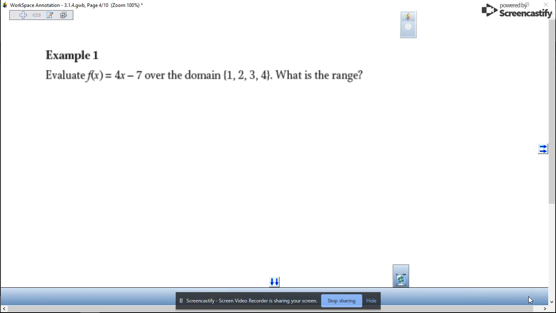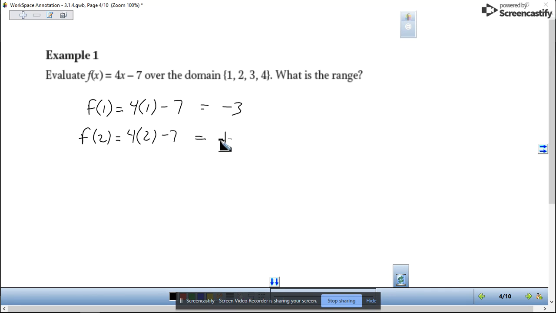All right? So, example 1, find the range for this. So I need f of 1, which means I'm going to do 4 times 1 minus 7, which is 4 minus 7, negative 3. F of 2 is 4 times 2 minus 7, which is 1.